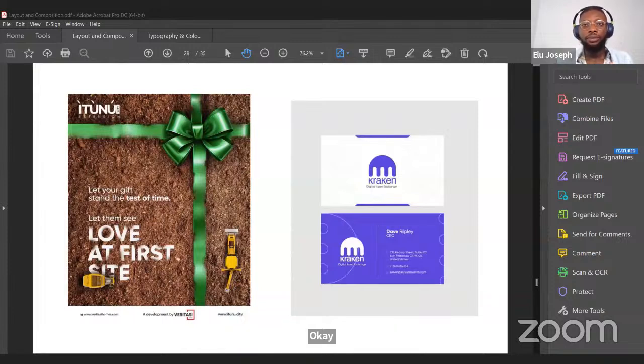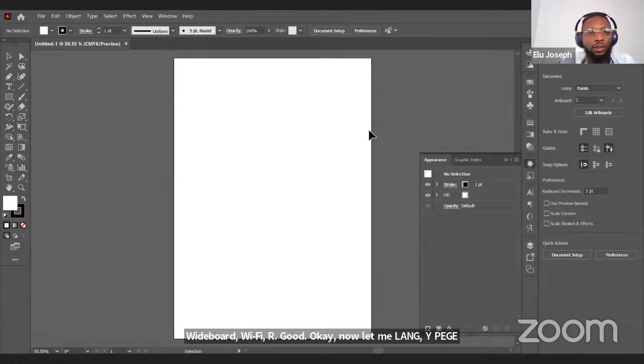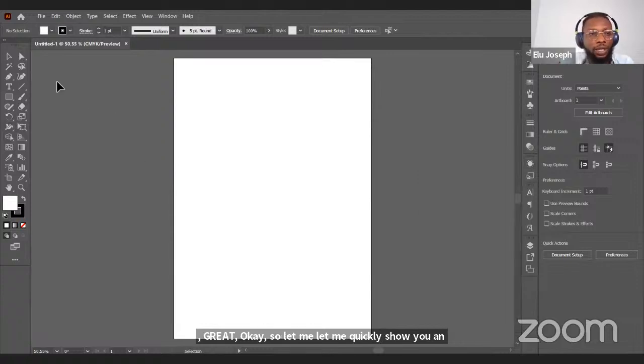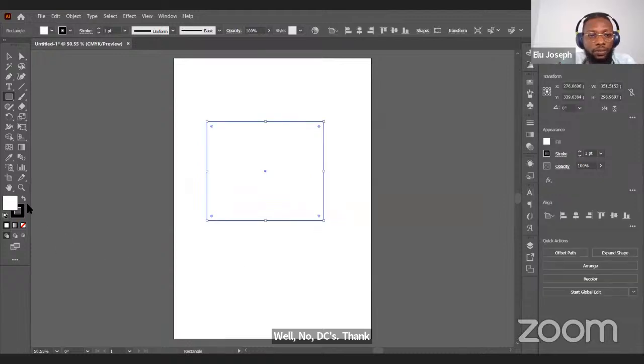Can you see my screen? If you can see my screen, tell me what you see. White background. Good. Okay, a blank white page. Great. So let me quickly show you an example of a vector. Now, this is a shape, right?